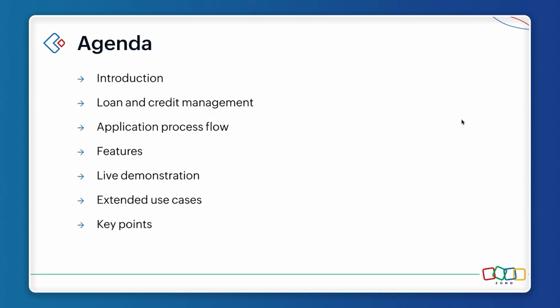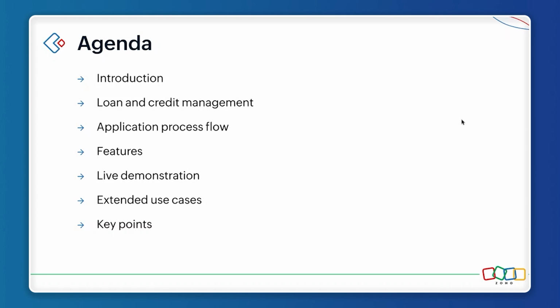This is going to be the agenda with which we will be driving you throughout the session. First, I'll give you a quick introduction about what is Zoho Creator and about the industry that we took for today's session. In the finance industry, we have taken a process called loan and credit management, and we have automated this loan and credit management with the help of Creator as an application.